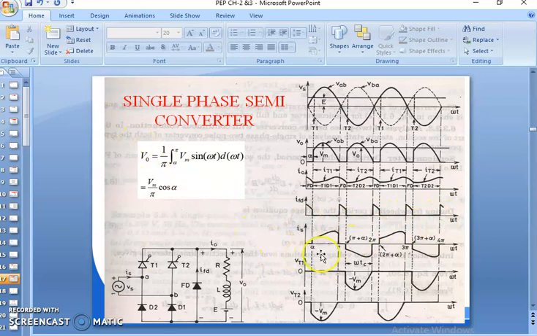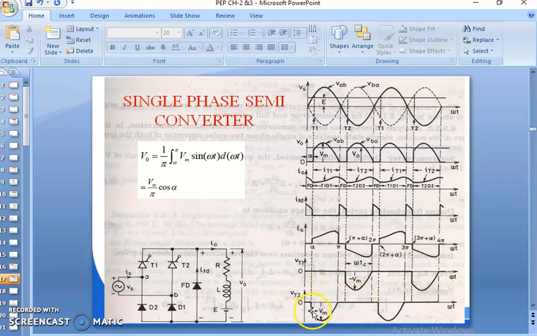Then come to the voltage across thyristor T1, that is VT1. The voltage across T1 arises during the negative cycle period, that is when T2 D2 conduct and T1 D1 are in off state, from pi plus alpha region to 2 pi region, and then 3 pi plus alpha region to 4 pi region. In this way we can see the voltage across thyristor T1. Then we can see the voltage across thyristor T2 only during the positive cycle period, because it conducts in the negative cycle period.